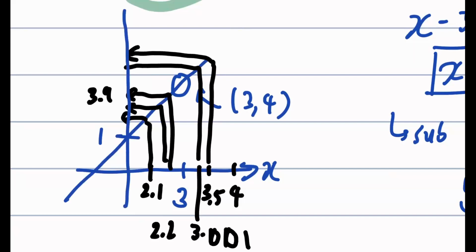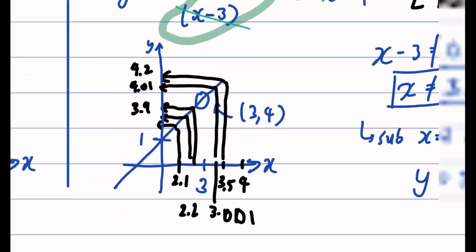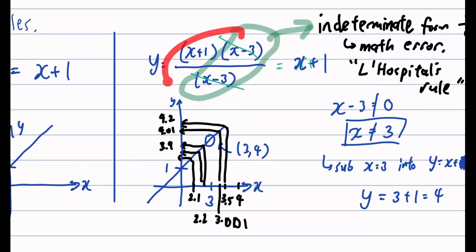So we see that it will become 4 point something, for example 4.2, and then 4.01, 4.001, 4.0001. This is what we call the limiting behavior of the y value. As it increases, as it decreases, it's getting closer and closer towards 4, right? But can it be exactly 4? The answer is no. Undefined at 3.